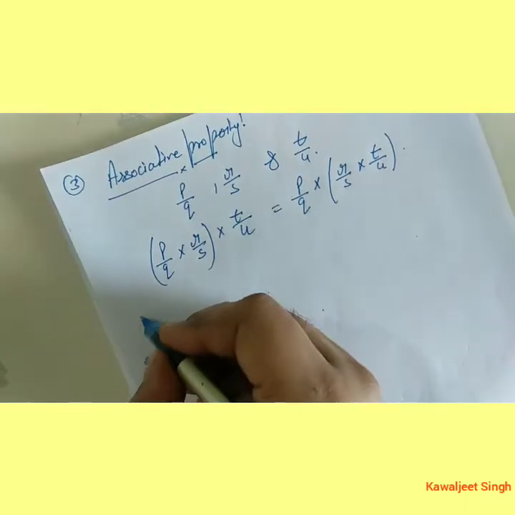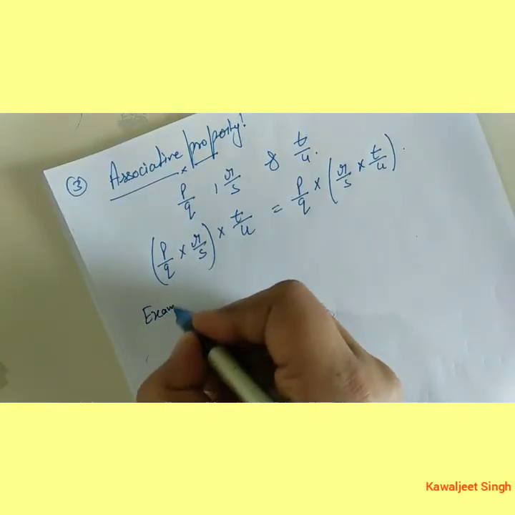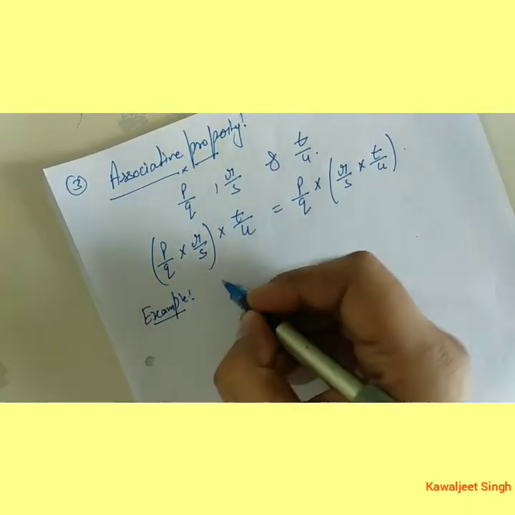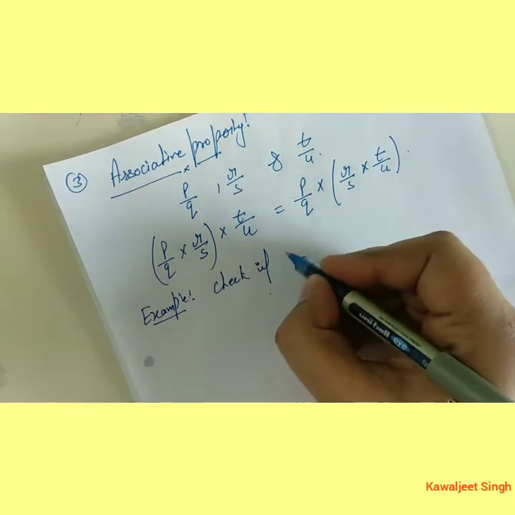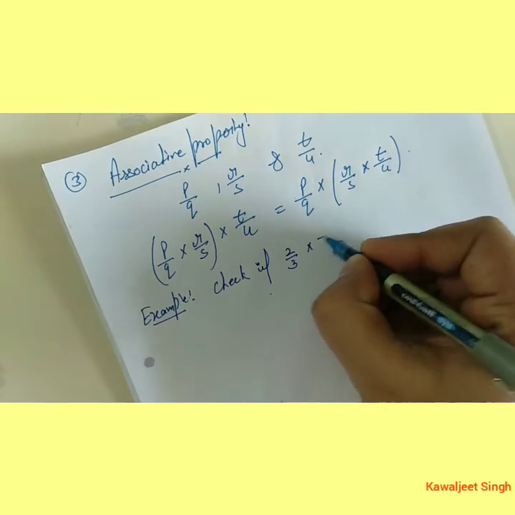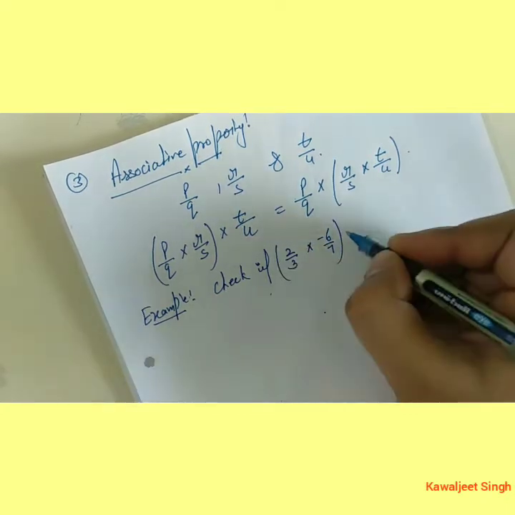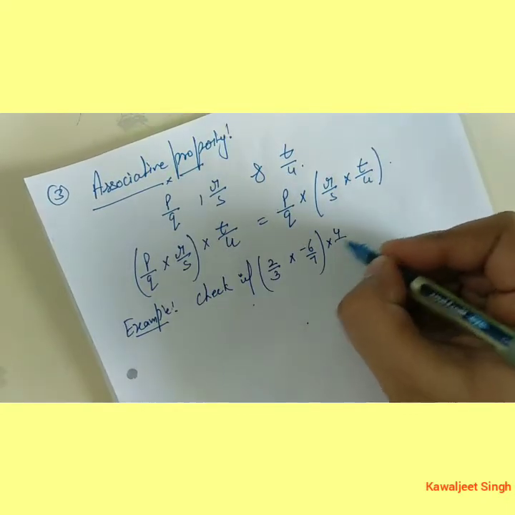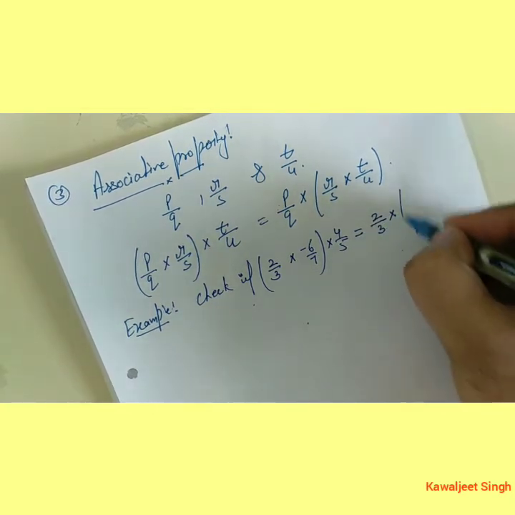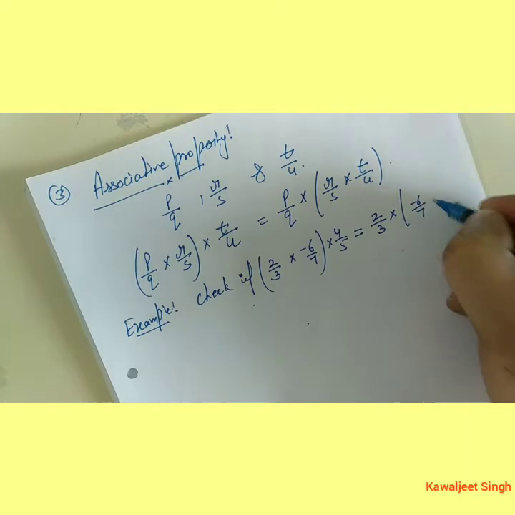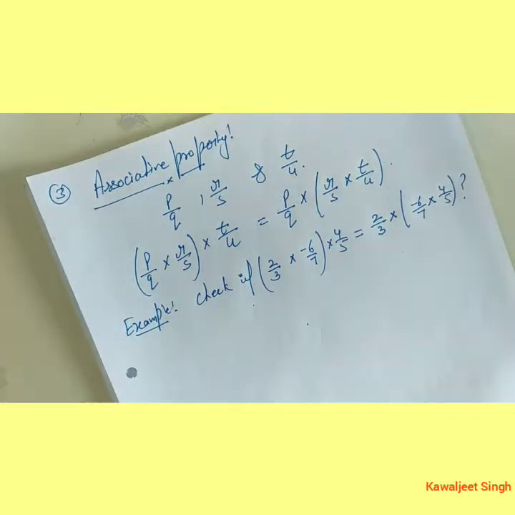For this, see here one example. We have to check if 2 by 3 into minus 6 by 7 multiplied with 4 by 5 is equal to 2 by 3 multiplied with the product of minus 6 by 7 into 4 by 5 or not here.